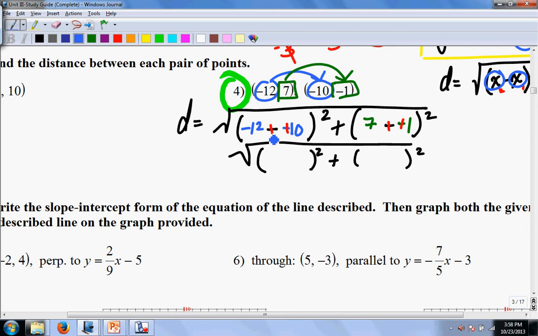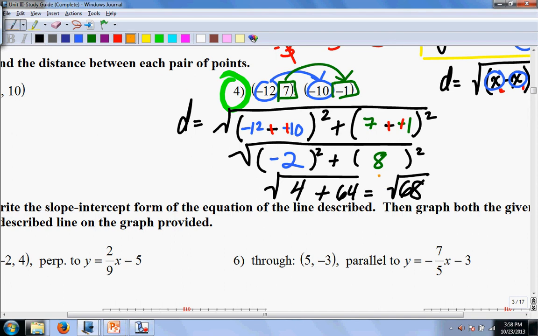So now we do negative 12 plus 10 is going to be negative 2 squared. 7 plus 1 is 8 squared. Negative 2 times negative 2 is positive 4. 8 times 8 is 64. So my answer is square root of 68.